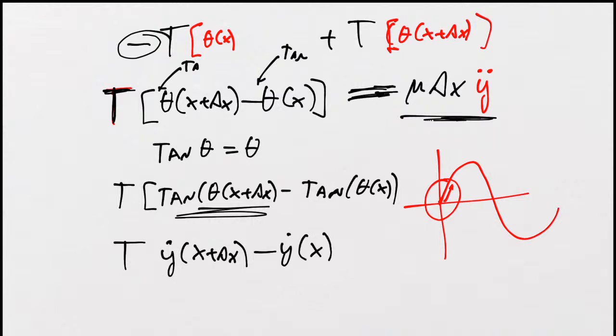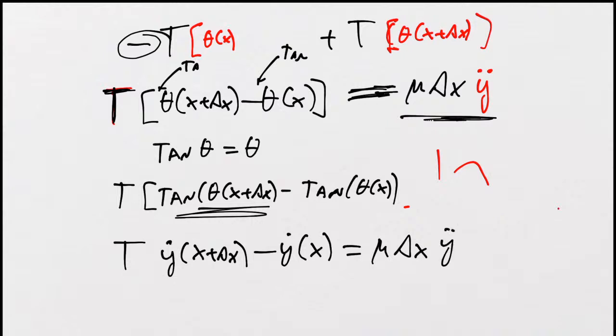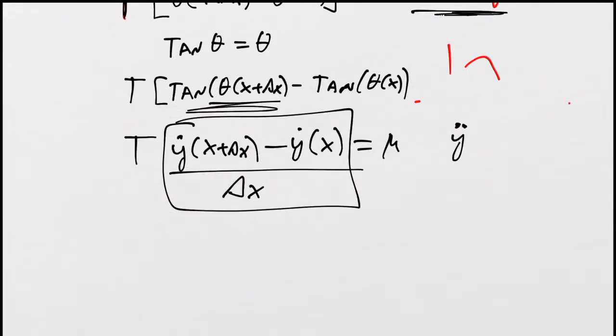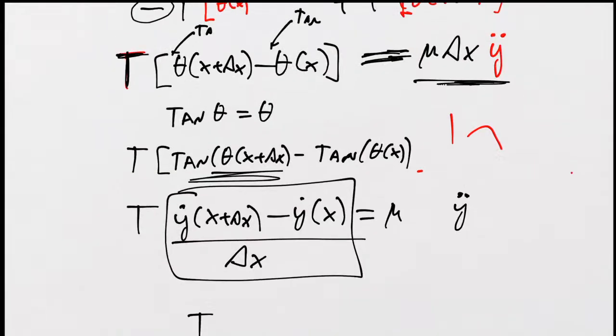And that equals the mass density times delta x times the y second derivative, right? Now if I divide everything through by delta x, the delta x cancels over there, and I put the delta x down here, and this guy is the definition of the derivative, right? The derivative of y dot. So now I'm going to get T, whoops, this y dot is bad news, that's a mistake, right?